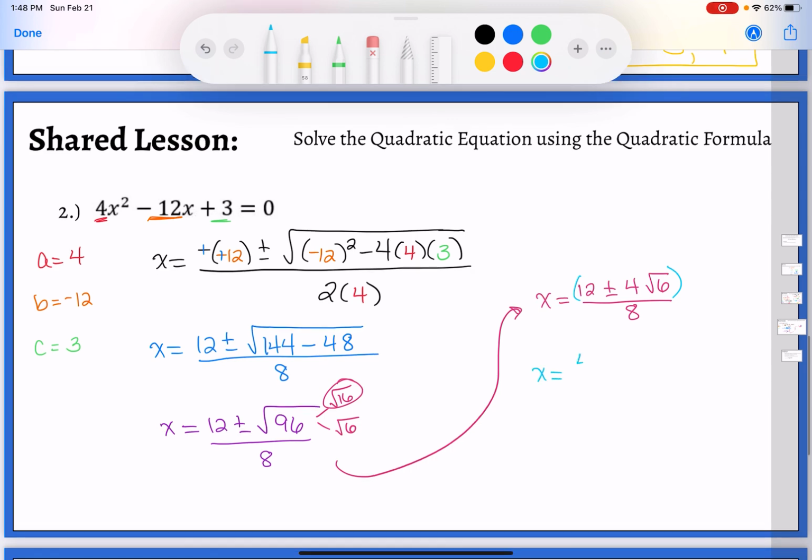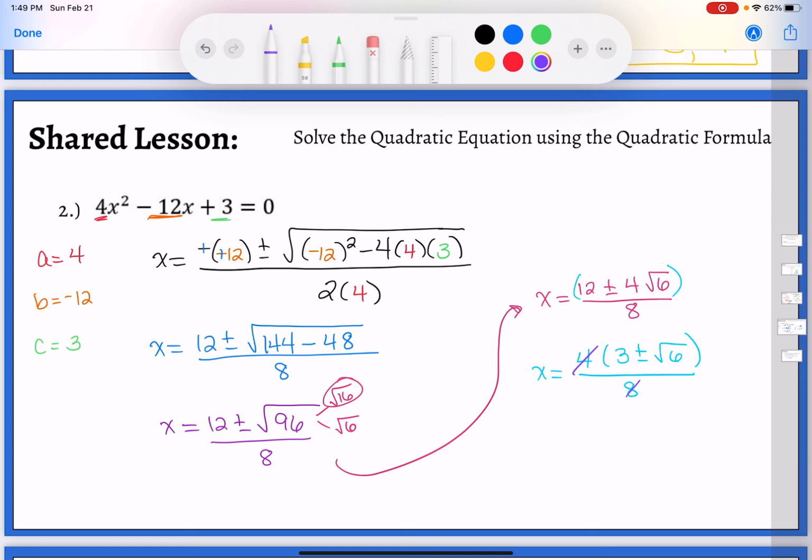So this is really like 4 times 3 plus or minus radical 6 on the top, factoring out that GCF of 4 from my two terms on the top. And then it looks a little bit easier. I know how to simplify the 4 and the 8 on the outside. I won't miss anything. The 4 is going to be gone on the top. It's going to become a 2 on the bottom. So my final answer will become 3 plus or minus radical 6 all over 2 as my final answer.